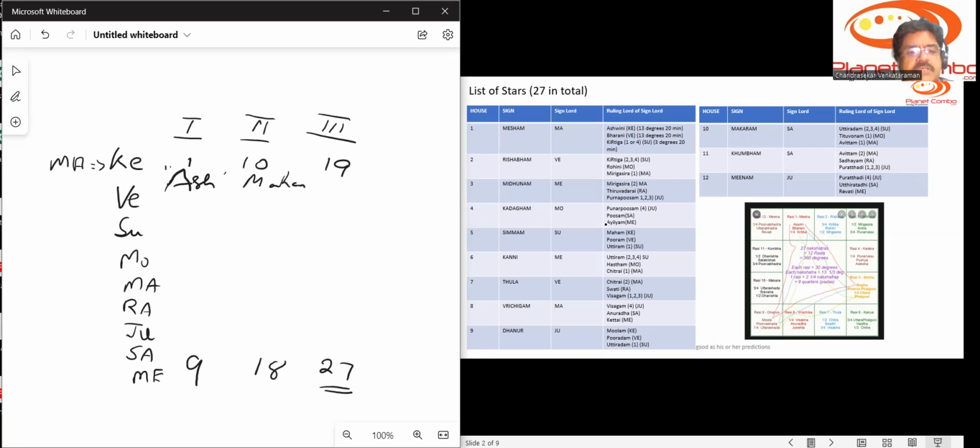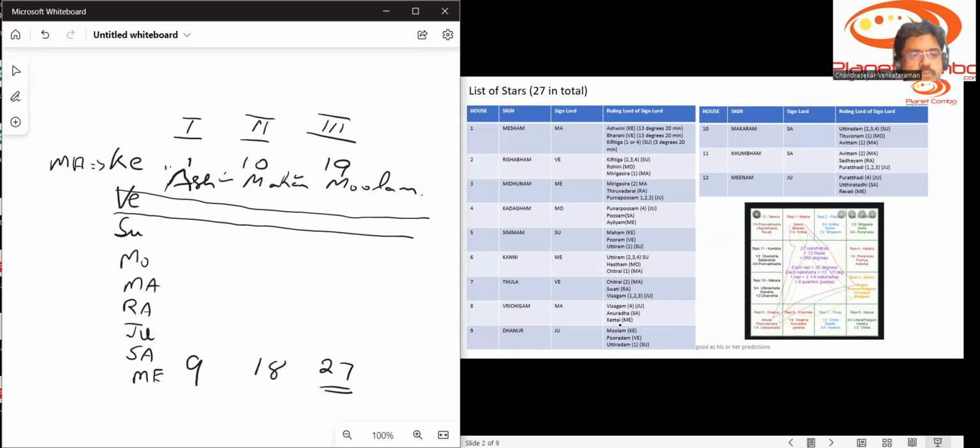Maham is in Simha sign, while Ashwini is in Mesham. Then if you go through the list again, it is Moolam. These are the 3 stars owned by Ketu. Similarly, there are 3 stars owned by Venus, which you can look at in the slide and fill in.